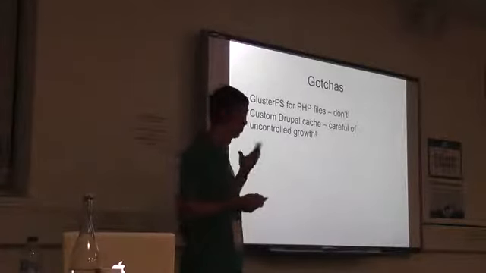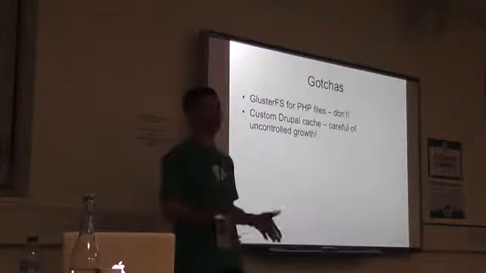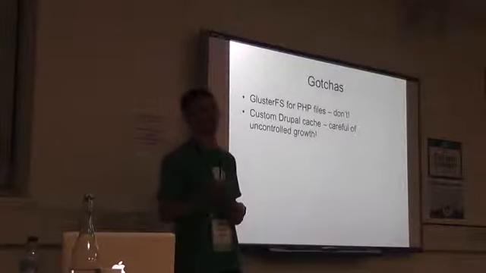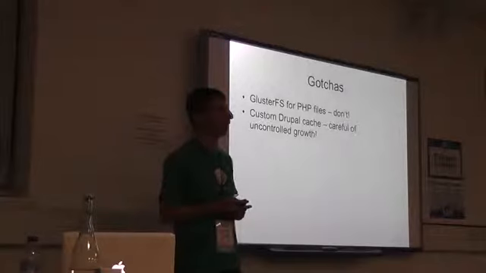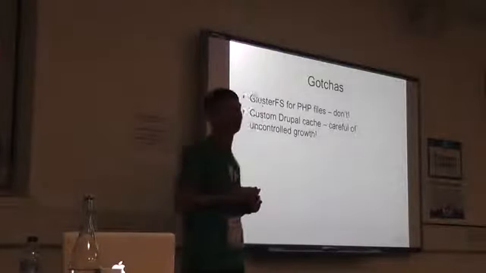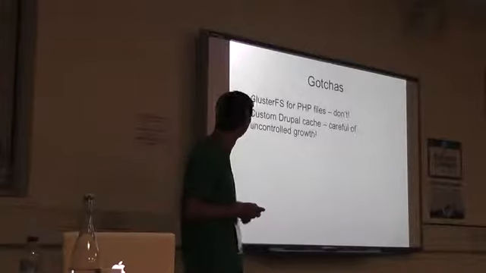We found this during load testing: suddenly all the CPU on all the Gluster servers was going way up, the Drupal server was getting bogged down, and so on. We hoped that opcode caching might solve this, but it doesn't. So basically, don't put your PHP files on Gluster, tempting though it may seem.